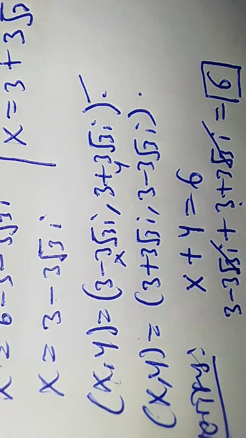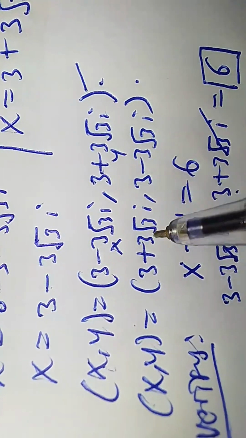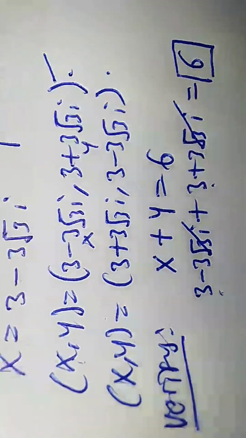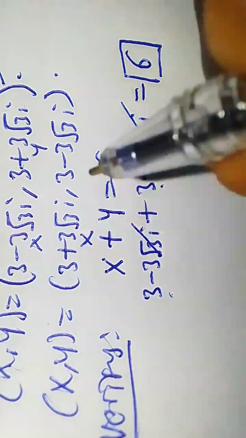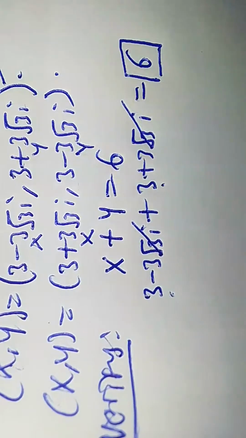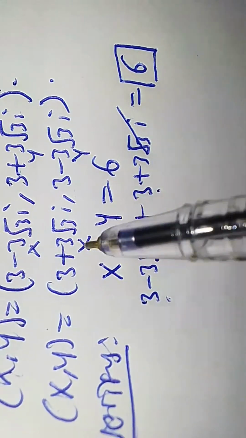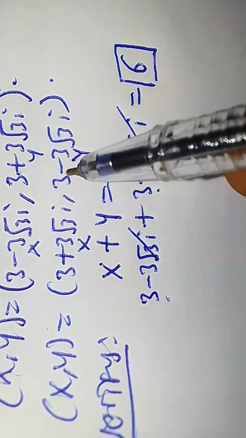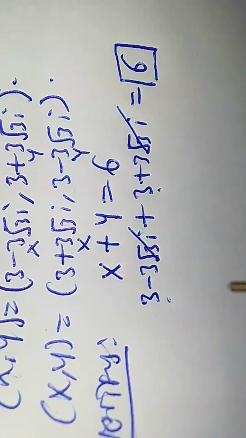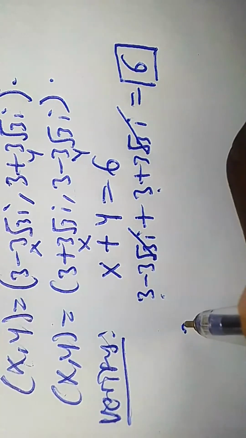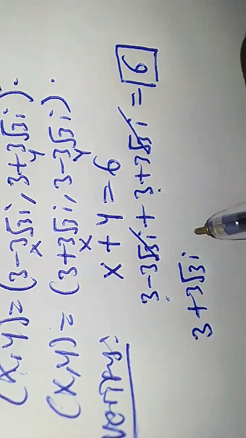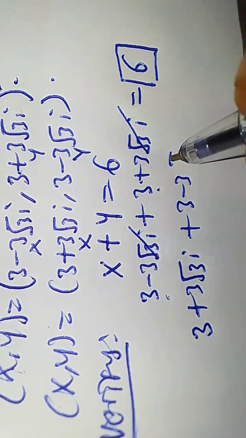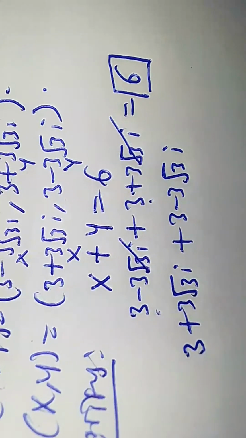Now let's verify the second solution that we have. Similarly, this is our x, this is the value of y. Plug in these values also to this left hand side. What do we have? We have 3 plus 3 root 3i plus 3 minus 3 root 3i.